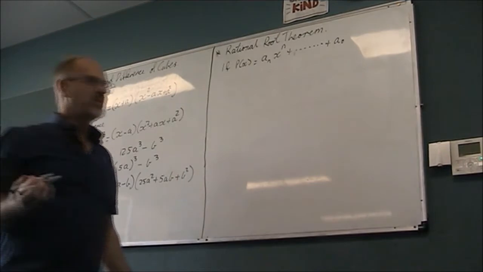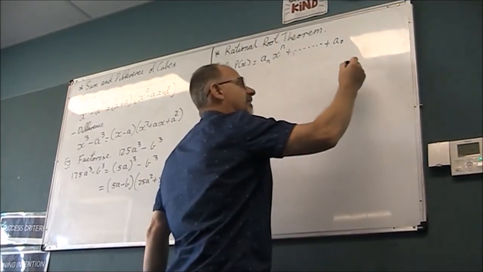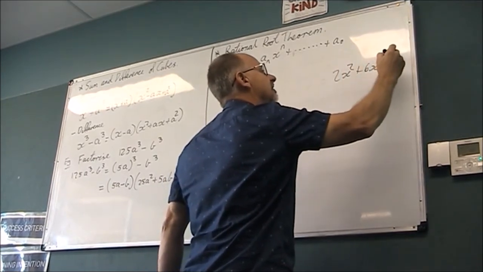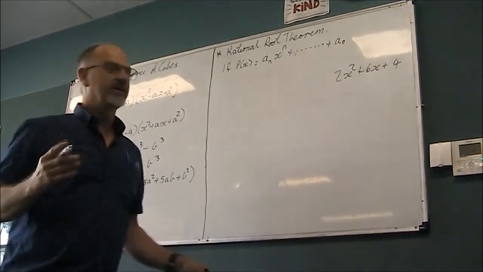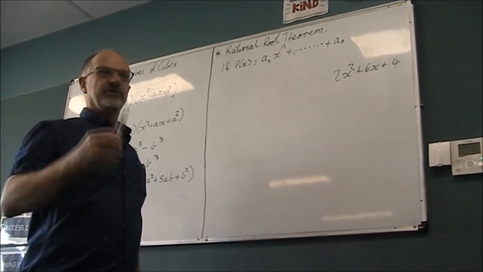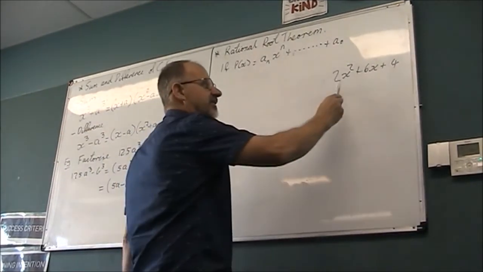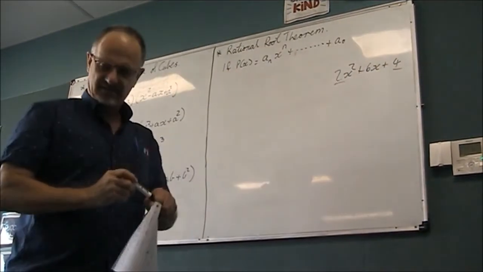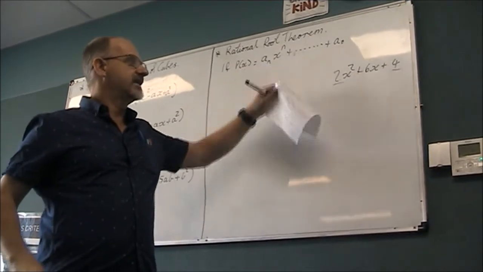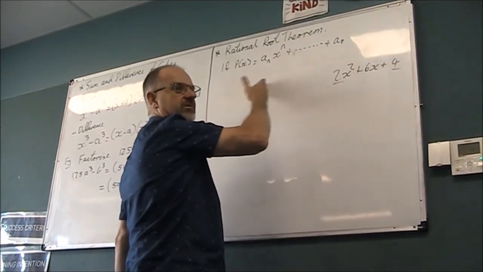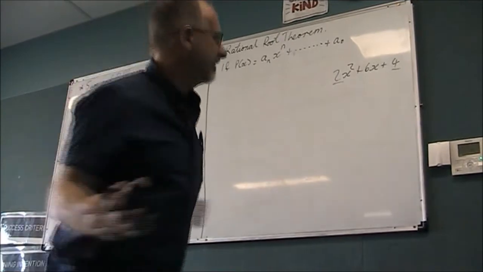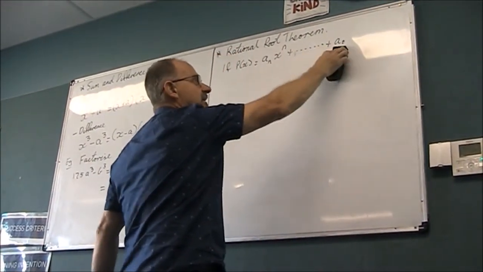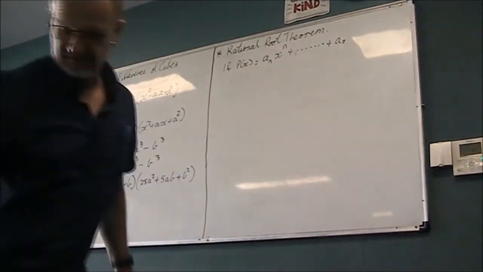So remember when we're doing a factorisation, so we've got 2x squared plus 6x plus 4, for example, and we do that with our synthetic division, remember it's these two numbers here that we're interested in. So this is just an extension of that. If we've got more powers of x, it's not the stuff in the middle that's important when we're finding the factor. It's the number on the end and the number at the front.